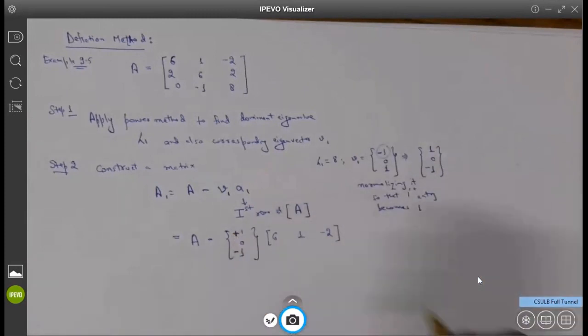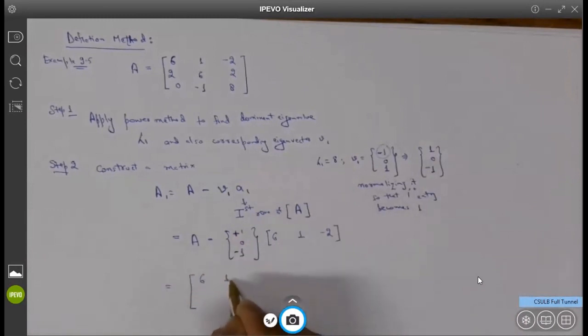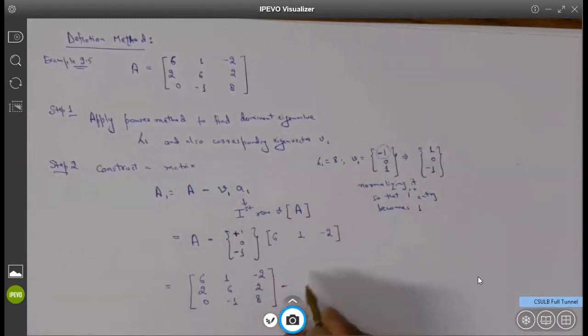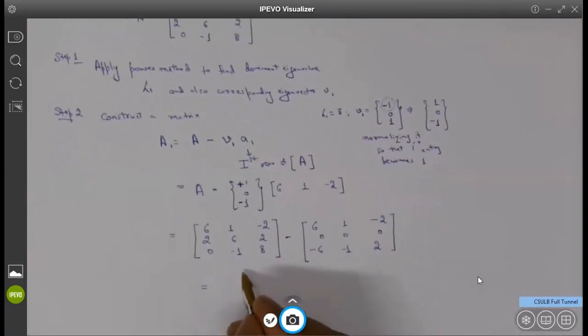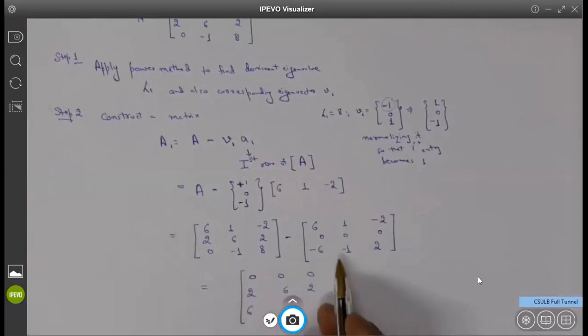Yes, Professor. And when you do this, can you quickly do this, guys, for me, if you have MATLAB in front of you? If not, we can do it here, but it will take a bit more time. 6 1 negative 2, 0 0 0, negative 6 negative 1 2, and what you actually get is 0 0 0, 2 minus 0 is 2, 6 2, 0 minus 6 is 6, 6 1 negative 1, 0, 8 minus 2 is 6.